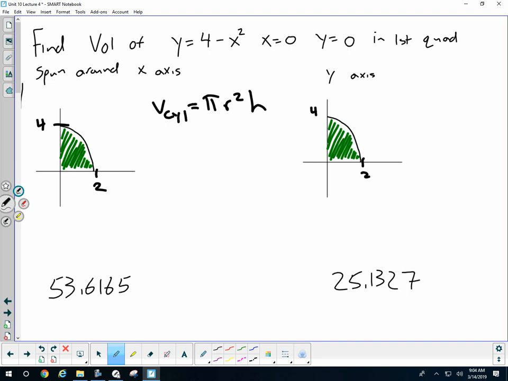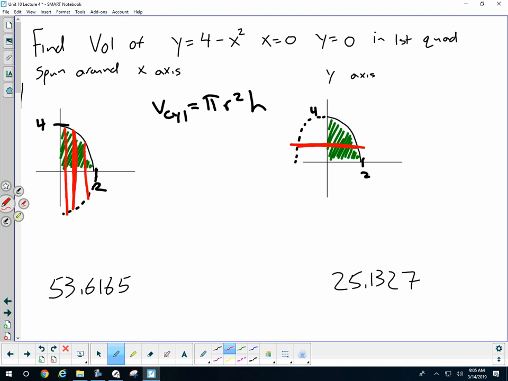Now, when I revolve it around the y-axis, here's the y-axis. I actually get reflected this way. Okay? Extremely important to draw the reflection and to visualize your cylinders that are being revolved.